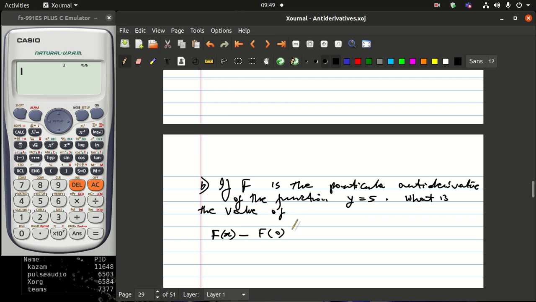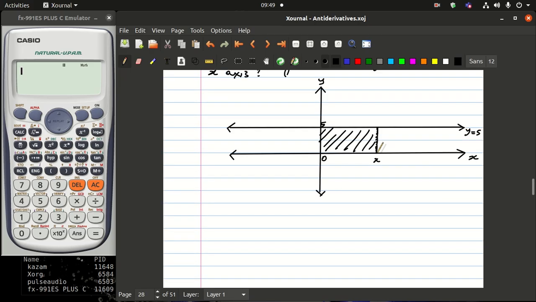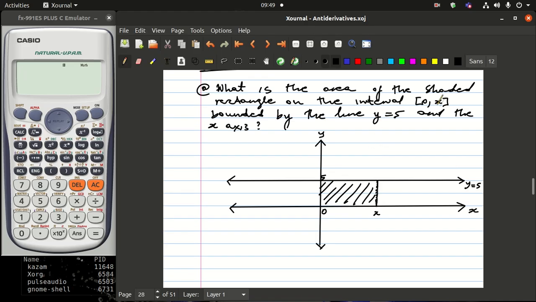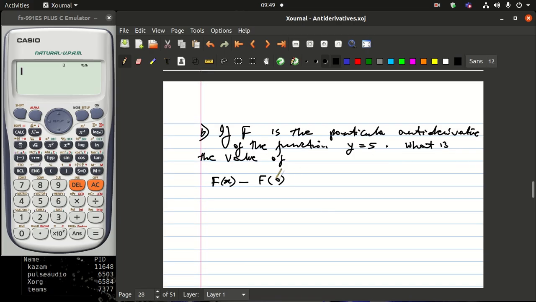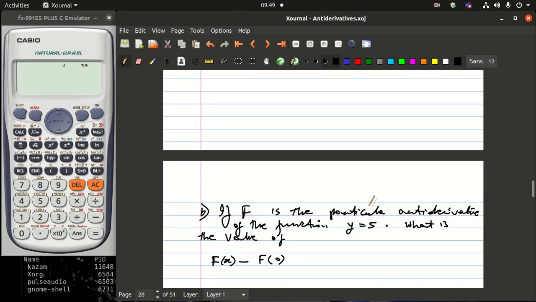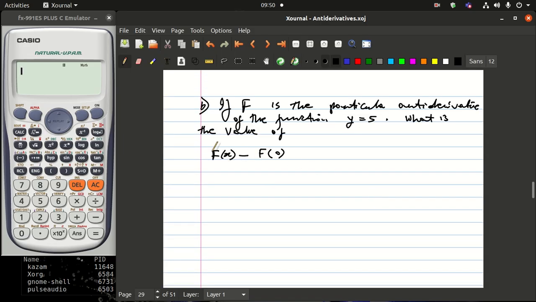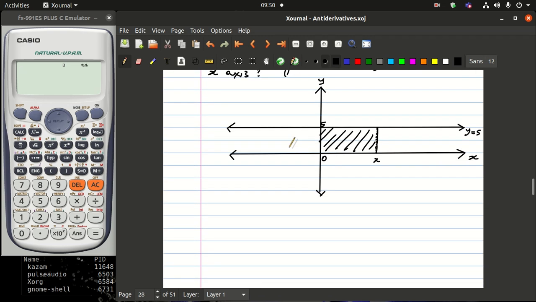What I want you to see here is that this x is the x in the interval, and this 0 is this 0 here. I want you to see the relationship between the area under this curve on this interval and the value of this. You take the antiderivative and then subtract the outputs at these points. That is the main goal of what we are doing here.